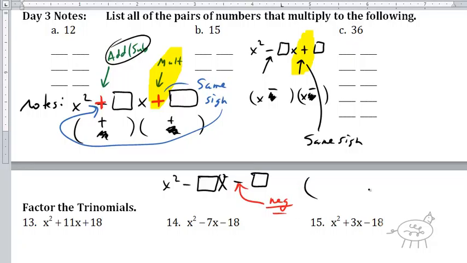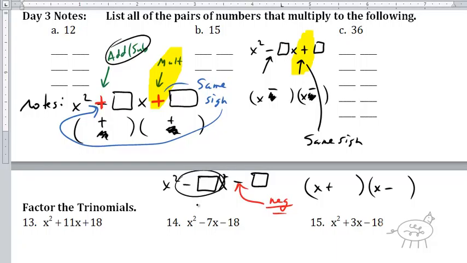Okay? And that's the beauty of this, is one's positive and one is negative, so it's going to be x plus something and x minus something. So here's another little clue. Whatever this number is, and again, we'll talk about how to get the numbers here in a little bit, if that's negative, just make sure when you add and subtract, you get a negative value.